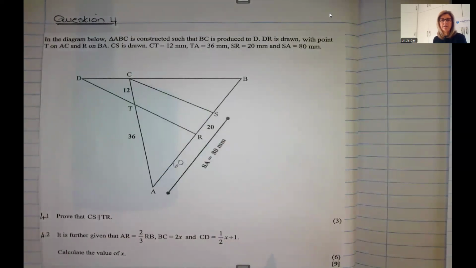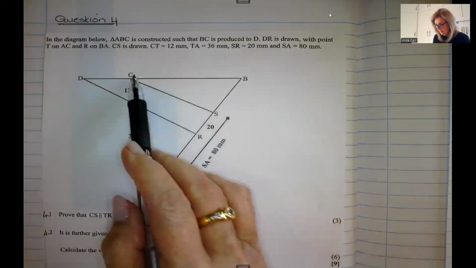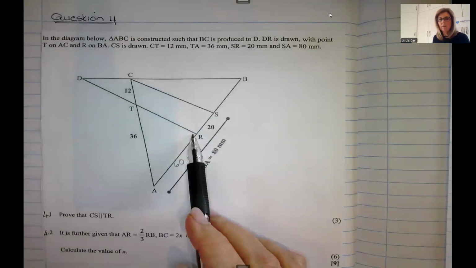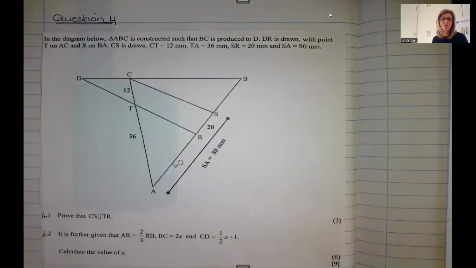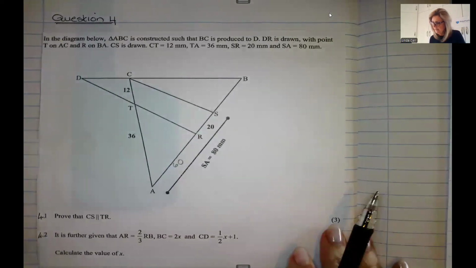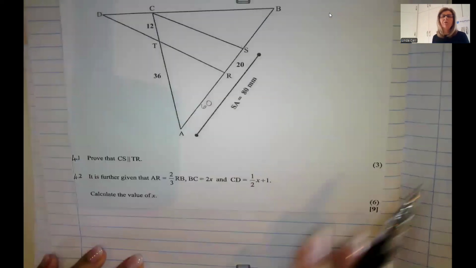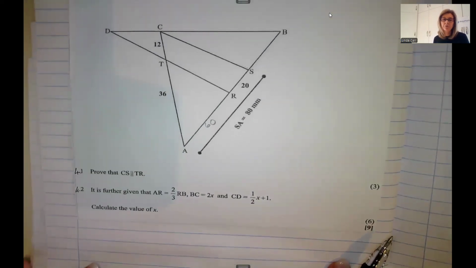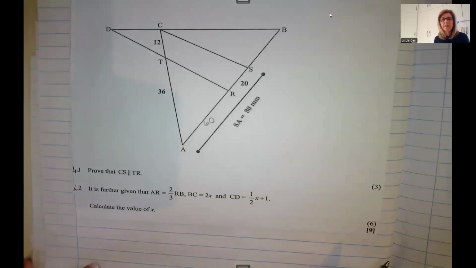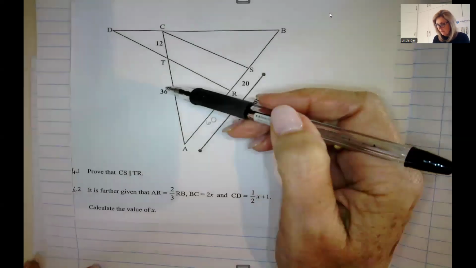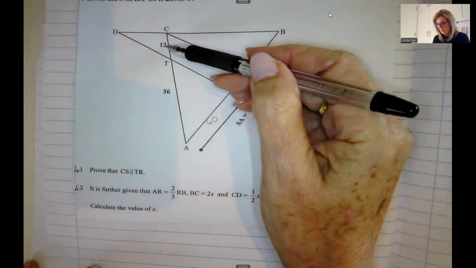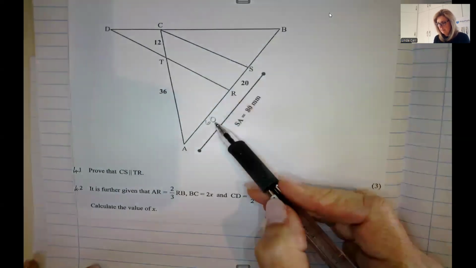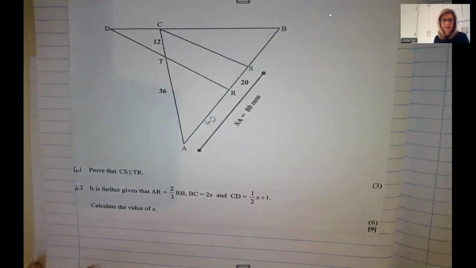And the first question, they want me to prove that CS is parallel to TR. Now, you might have already looked at that and just assumed that they were parallel. That would be wrong. You have to prove it. If I can prove that 36 to 12 is the same as 60 is to 20, then I will be able to prove that they are parallel using the proportionality theorem.